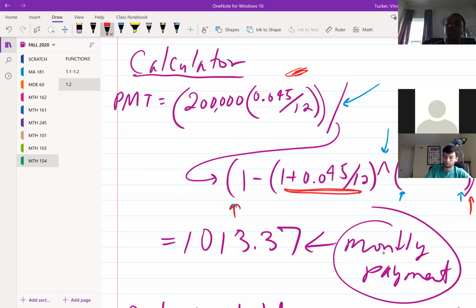Raise this to this exponent, then subtract it from 1. Write down that number because now that's your denominator. Divide that into your numerator. So basically, you have to go step by step and write down your numbers if you can't put it all in a calculator like this, and you have to follow the order of operations strictly.